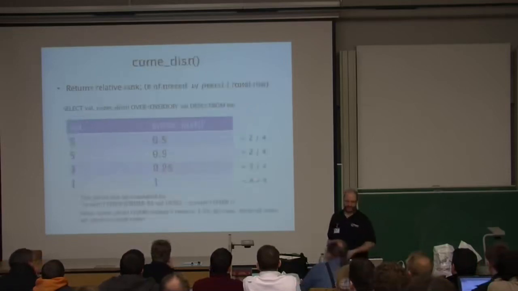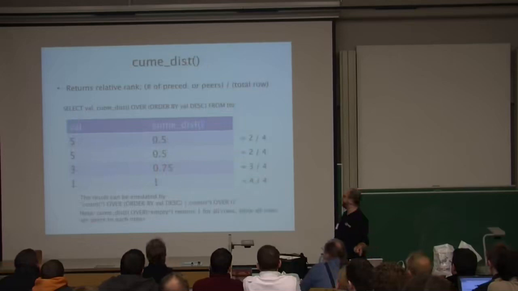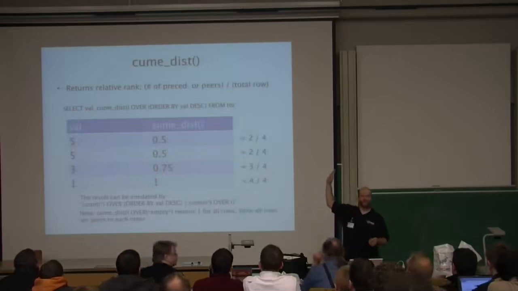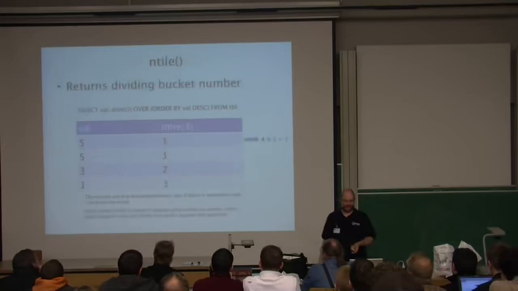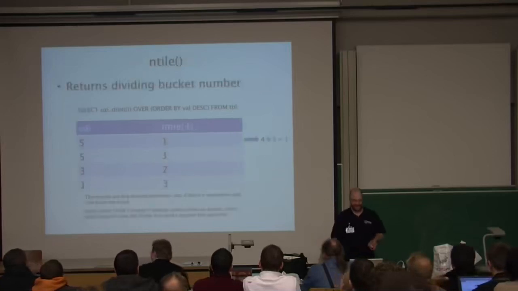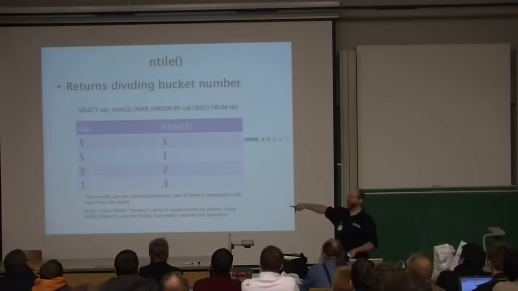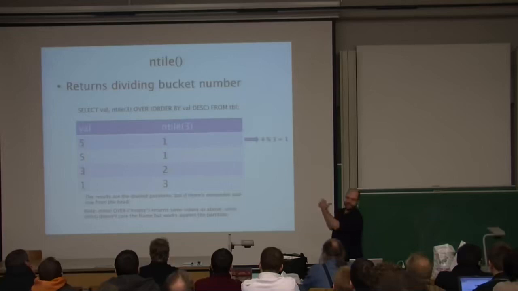You can also look at cumulative distribution, which is, any statistics geeks in here? Okay, well, good. Then you know more about this than I do. I hope it's useful. Ntile, so quintiles or quartiles or, I forget, that sort of divides things into buckets and says which bucket it's in.